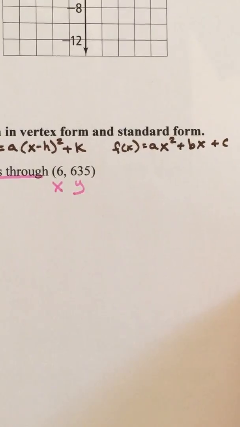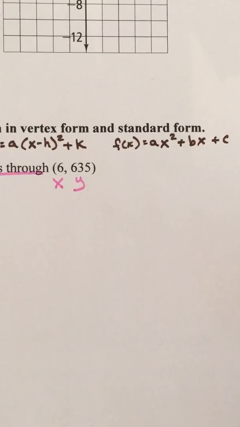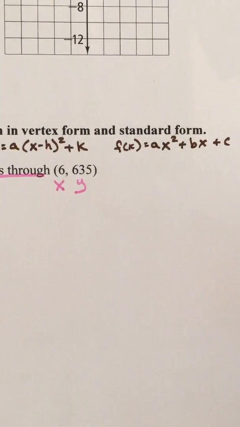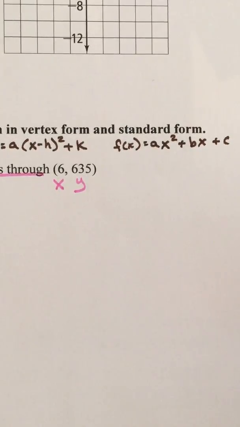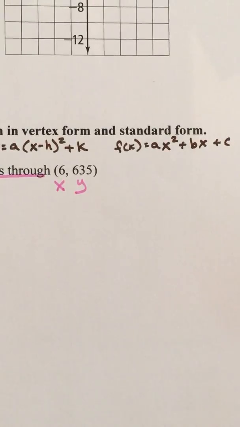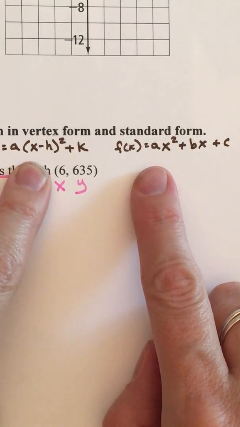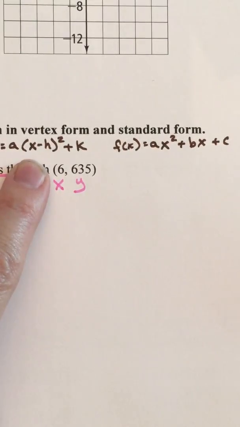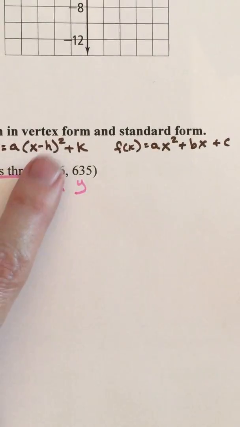You might say, I don't see a y on either of them. Yes, you do. You remember that f of x is the same way to write y? Oh, yeah, it is. So which one of these two forms has an h, a k, an x, and a y? That's true. It's your vertex form. So this is the form that we're going to start with.